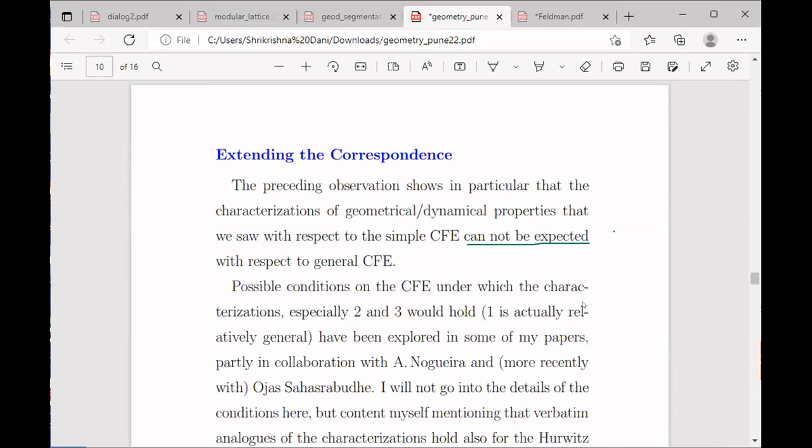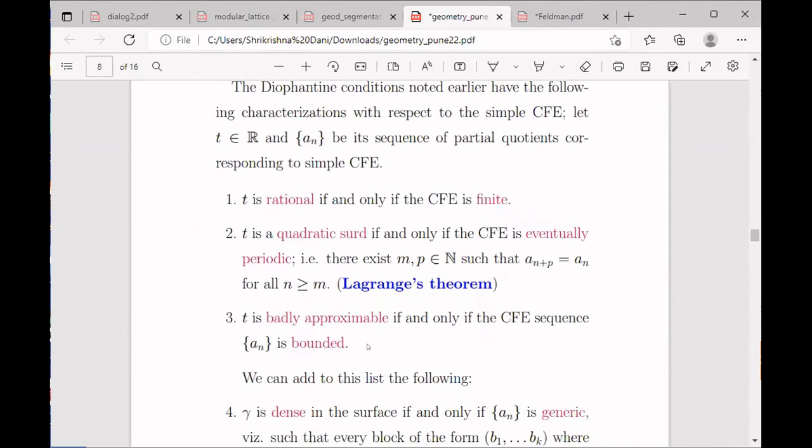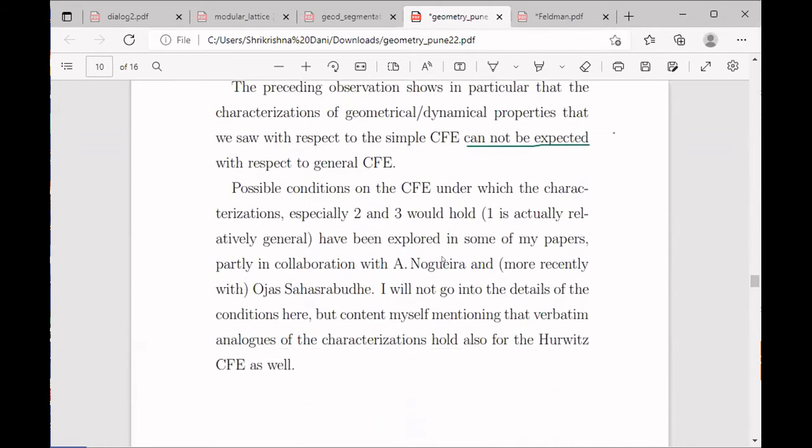So this observation in particular shows that, of course, I can no longer expect that analog, right? Badly approximable cannot correspond to bounded, because I even said that any number t has an expansion consisting of just 1 or 2, so plus or minus. Therefore, when looking for analogs of this with respect to other continued fraction expansions, we have to have more restrictions.